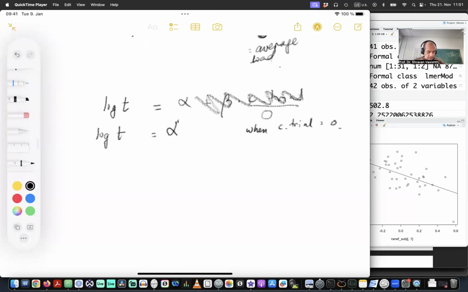So now if I exponentiate both sides, I'll take the exponent of this side and the exponent of this side, right? What I end up with here on the left-hand side is the expected button pressing time in milliseconds. So I'm back transformed to the original scale that I can actually interpret as a human being, right?